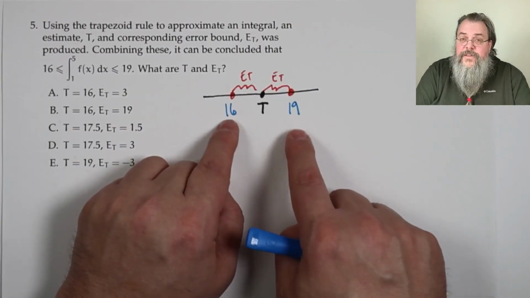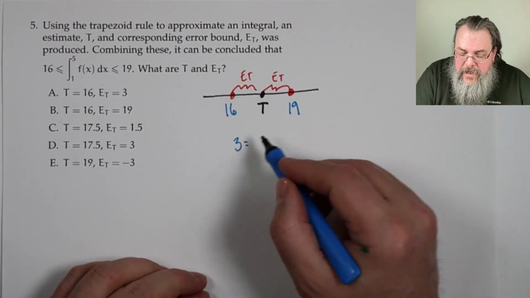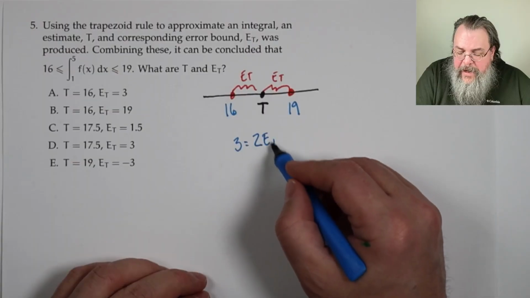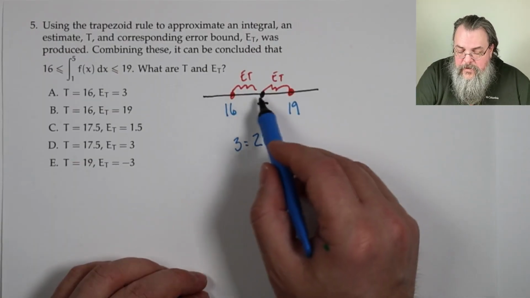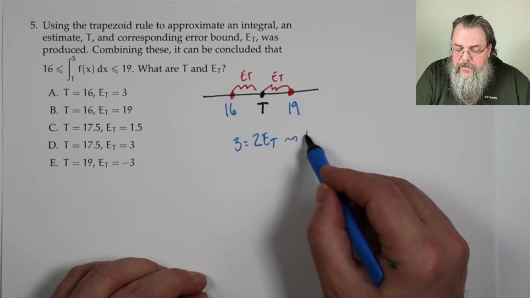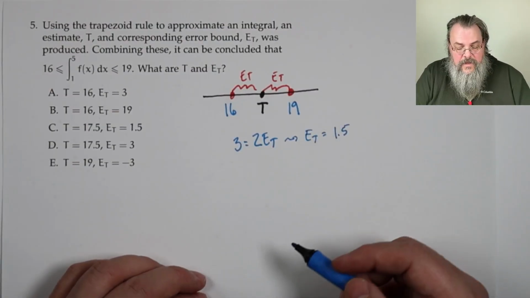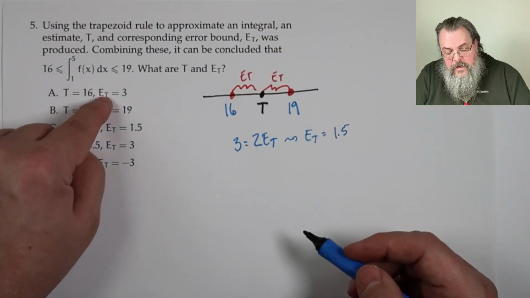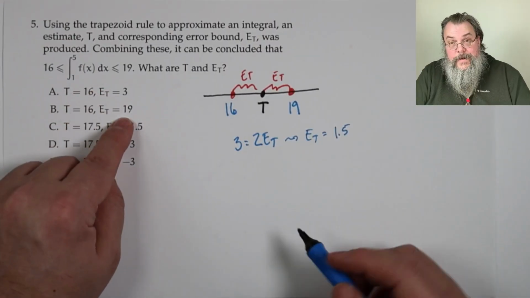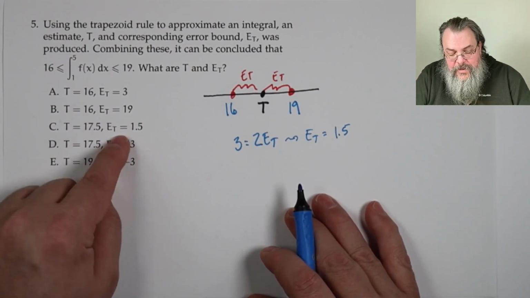So the difference from 16 to 19, 3, has to be twice our error bound, right? Because we can go from the center either way. So we're looking for a place where our error bound is 3/2, which is 1.5. So now we skim. That's not 1.5. That's definitely not 1.5. That is. Could be C.